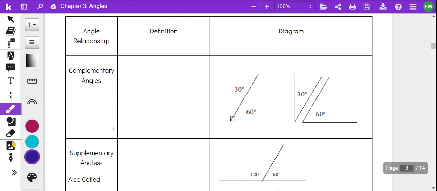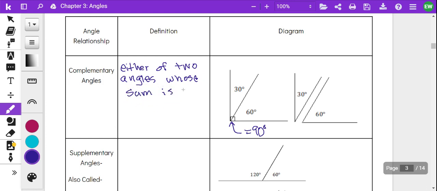All right, we're going to go to complementary angles, which is really important. You see this little guy here, that box is equal to 90 degrees. You've seen that a lot. We haven't really covered it, but that's what that means. So the definition is either of two angles whose sum is 90 degrees.